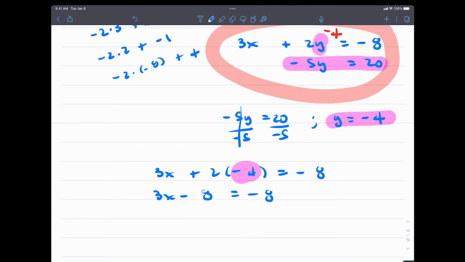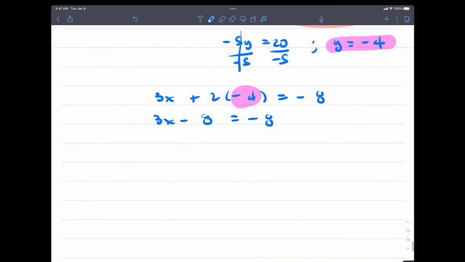That equals -8. So I'm now going to add 8 to both sides. I get 3x is -8 plus 8 is 0. If I divide, we get 0 here.